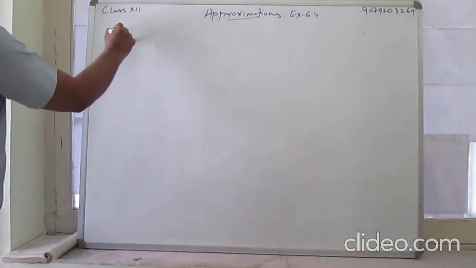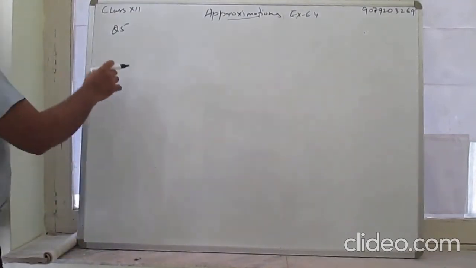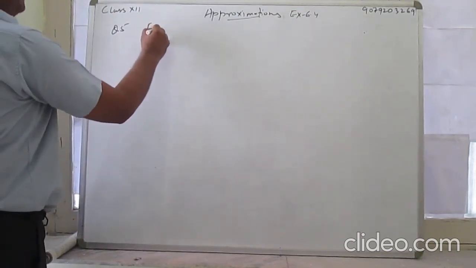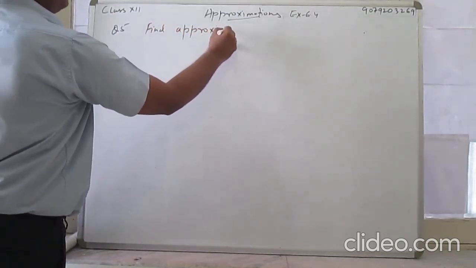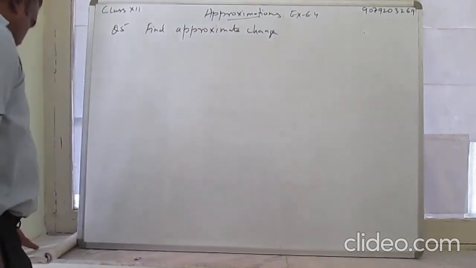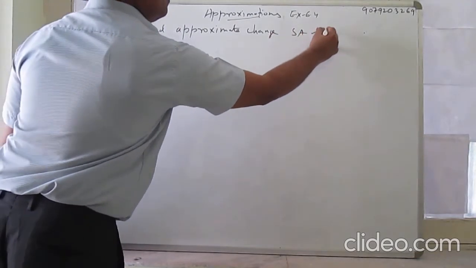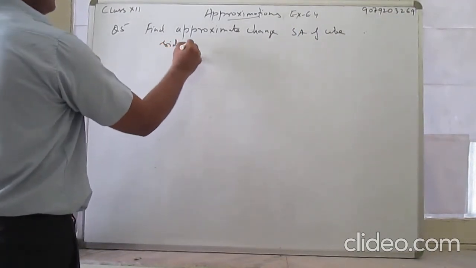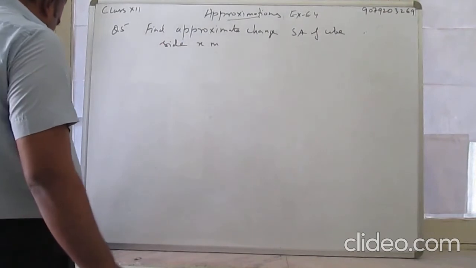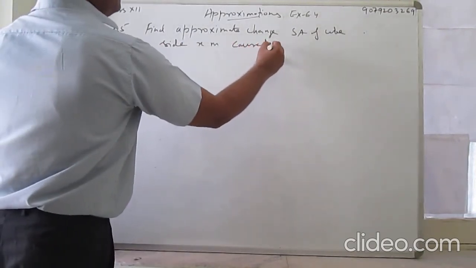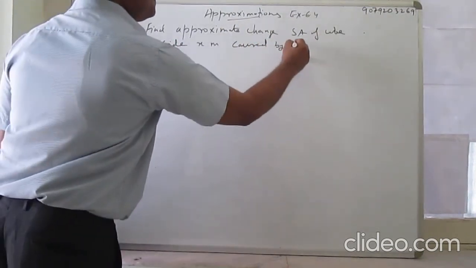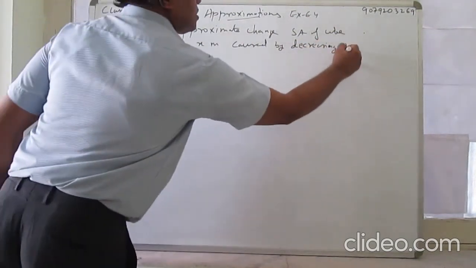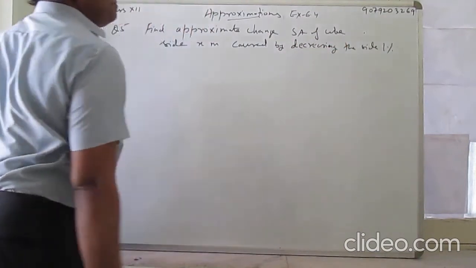Question 5. Find the approximate change in surface area of a cube whose side is x meter, caused by decreasing the side by 1%.